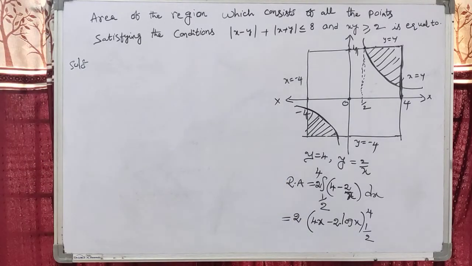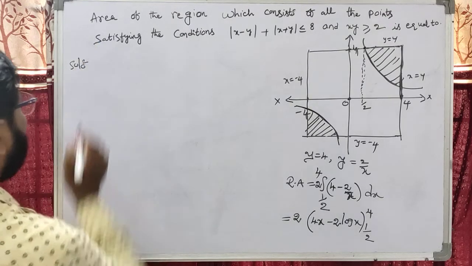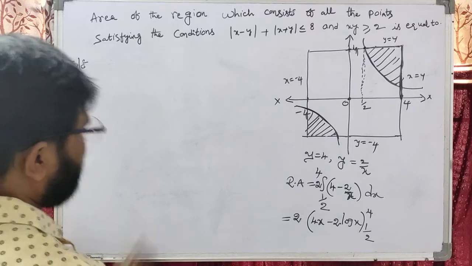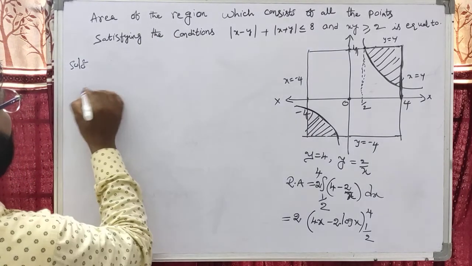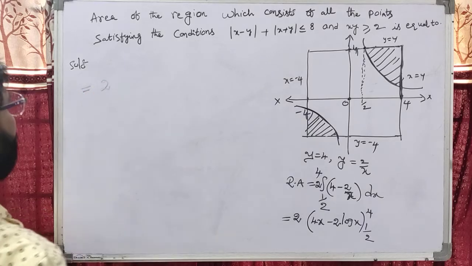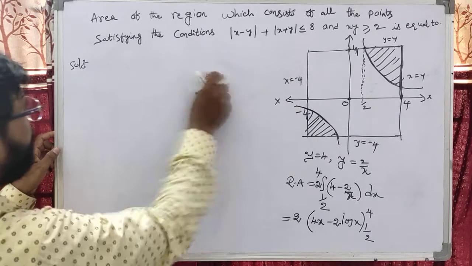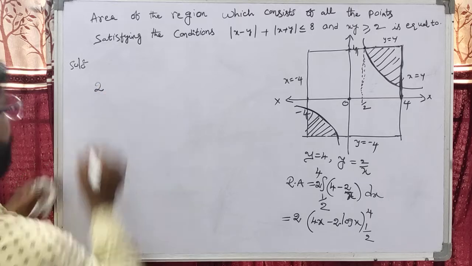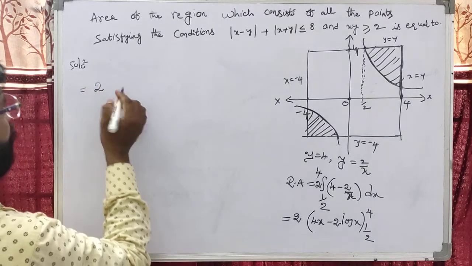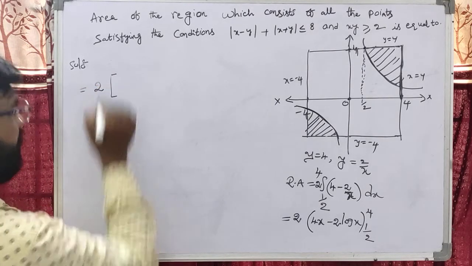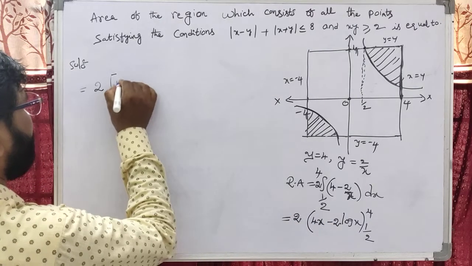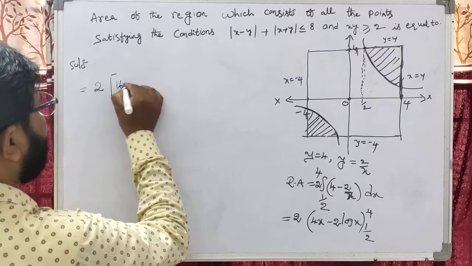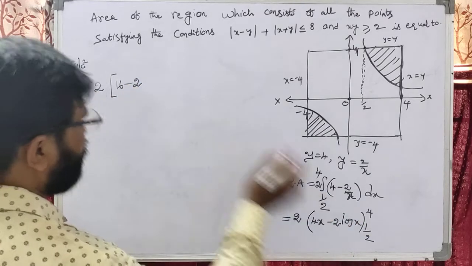Dear students, now we apply the first limit 4. The required area equals 2 into, we can write, 2 into 4 into 4 is 16, minus 2 into log 4.